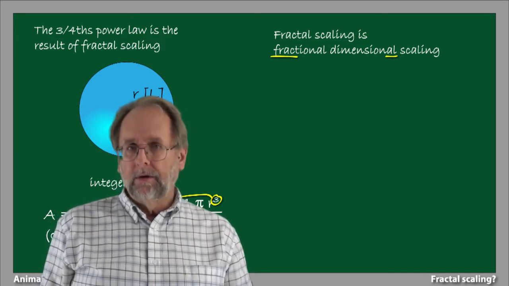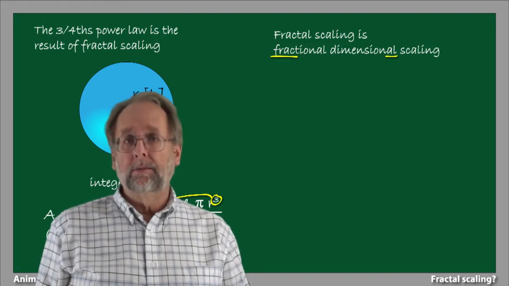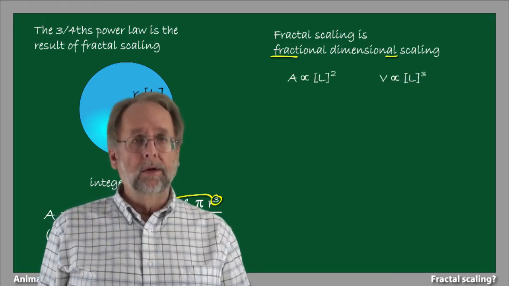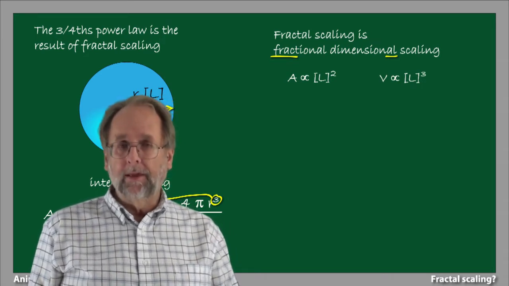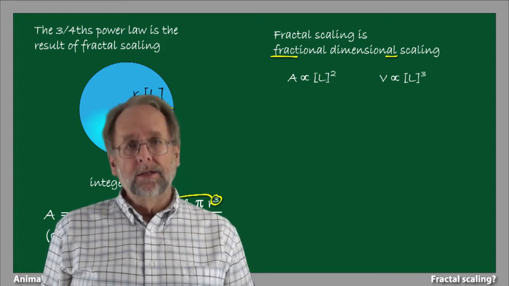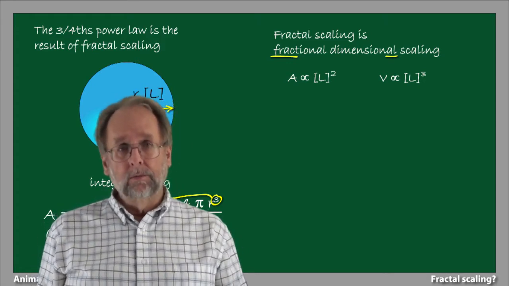Let's take our sphere again. We've already established that the surface area scales to the power of 2 of the length dimension, and volume scales to the power of 3 of the length dimension. This is integral scaling. But let's take the case where we predict the exponent for scaling of surface area to volume.